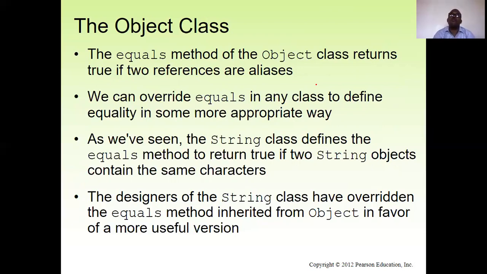From the String class, we know that there's an equals method also, but that has been overridden. So strings are compared a particular way, which is true if the objects contain the same characters, and not just if they are pointing to the same location.